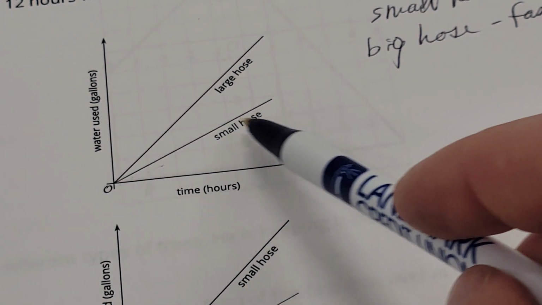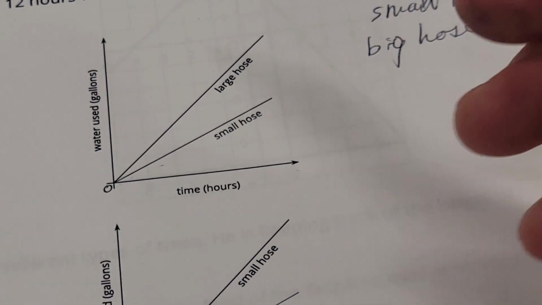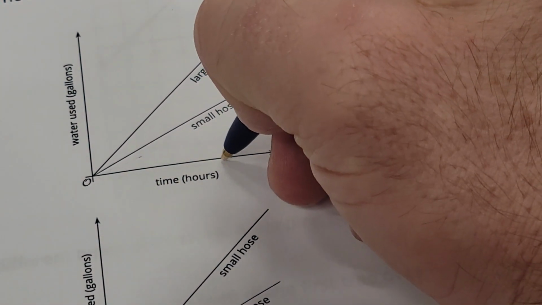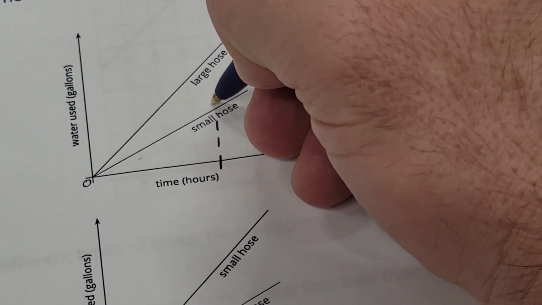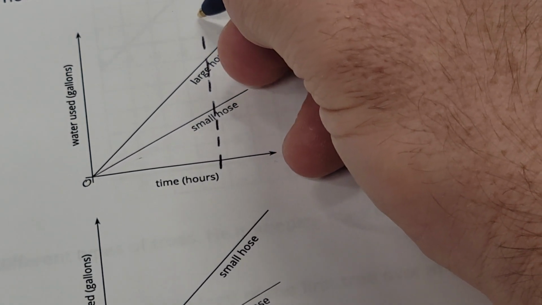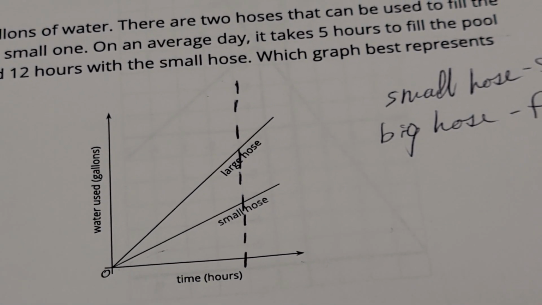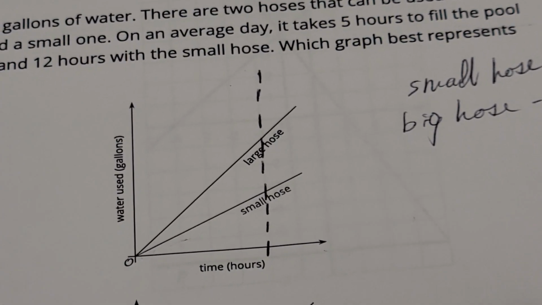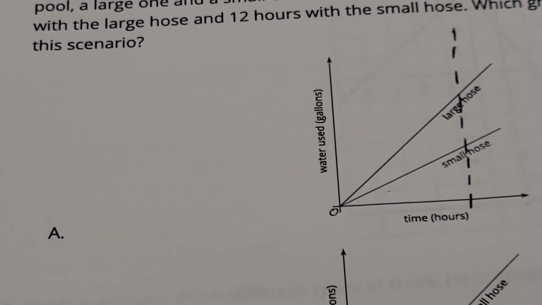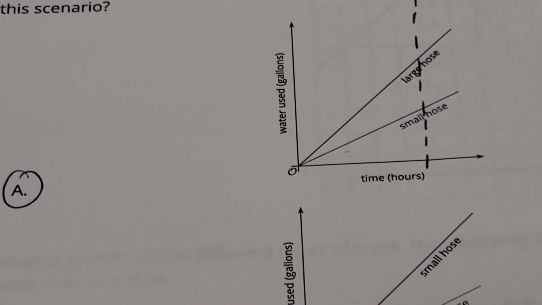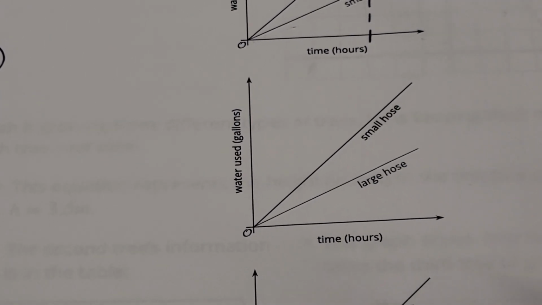Right now the small hose is showing me fewer gallons over time, and if I want to act like there's a time in hours here, I want to see that the large hose is showing me more water at the same amount of time, and the small hose should be less water at the same amount of time. So I believe graph A seems to be fitting this scenario, but I'm going to check some of the other graphs and see if they're fitting. Maybe I'm making a mistake.